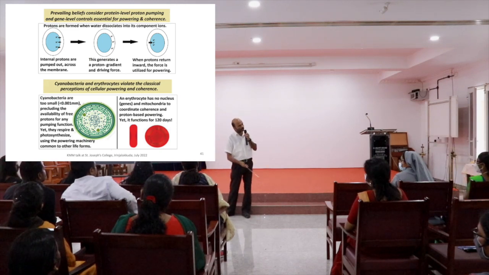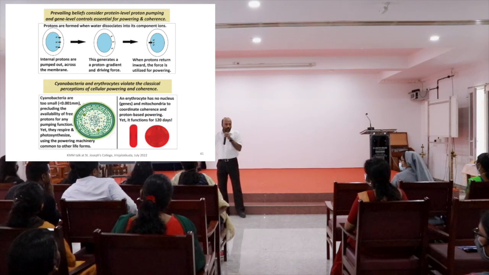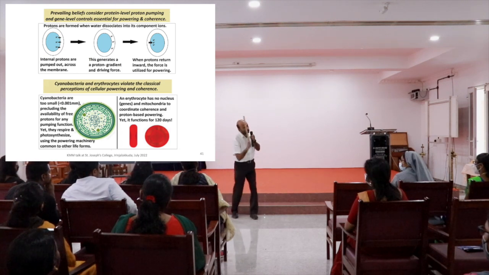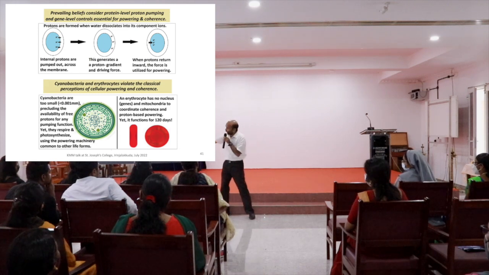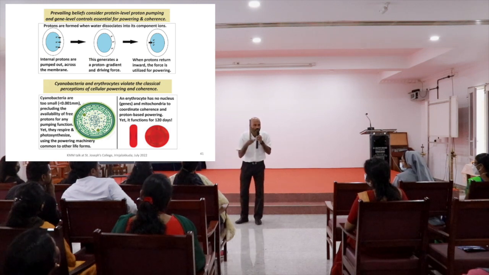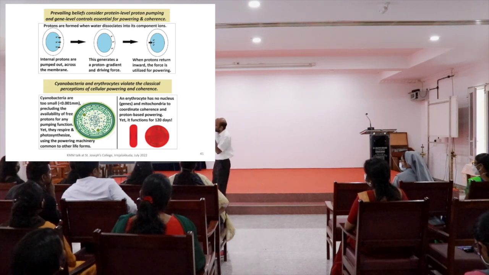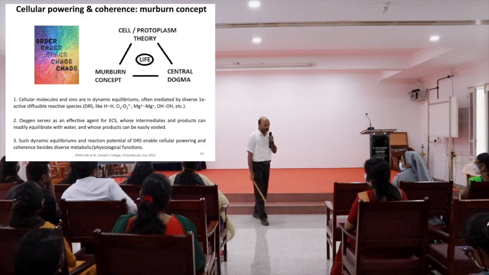Cyanobacteria are so small they do not have even one free proton in their cells. And then RBCs do not have mitochondria and nucleus to control them. But RBCs are relevant for 120 days. So how do they work? We need a completely new theory. There are no protons. So that new theory is the Murburn concept.